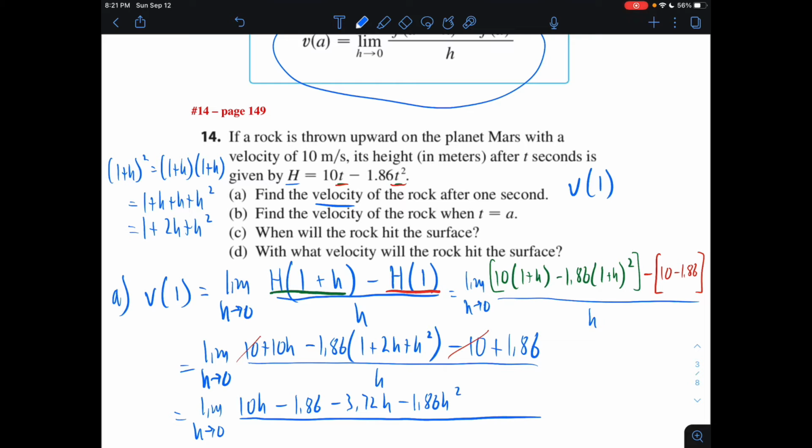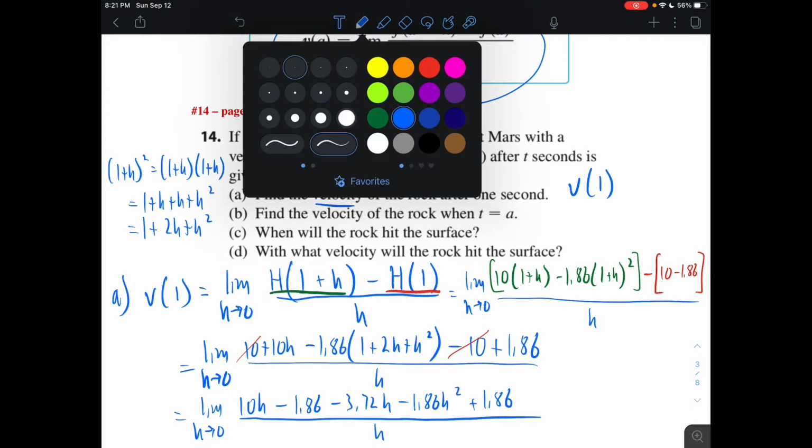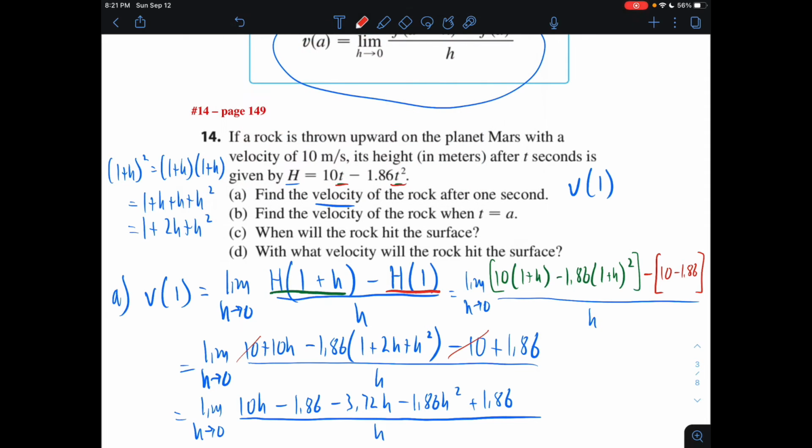And I still have this plus 1.86 at the end there. And you can see I can cancel out a little bit more, the negative 1.86 and the positive 1.86. I also have these h terms that I can combine.